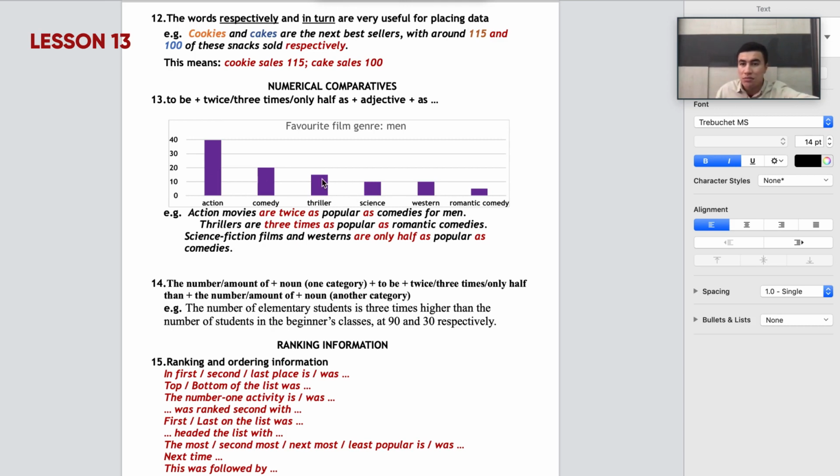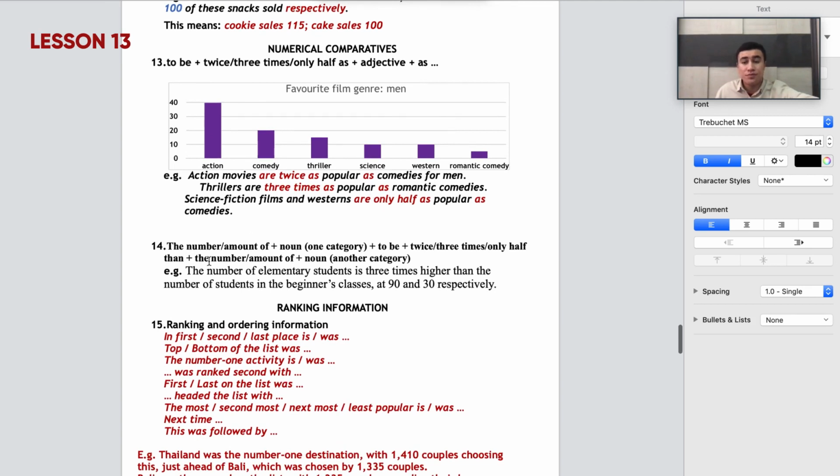So thrillers between 10 and 20, let's say approximately 15, and romantic comedies, so approximately 5. Thrillers are 3 times as popular as romantic comedies. Or science fiction films and westerns are only half as popular as comedies. So 20, and here we have 10. Okay, I hope you got the point here.